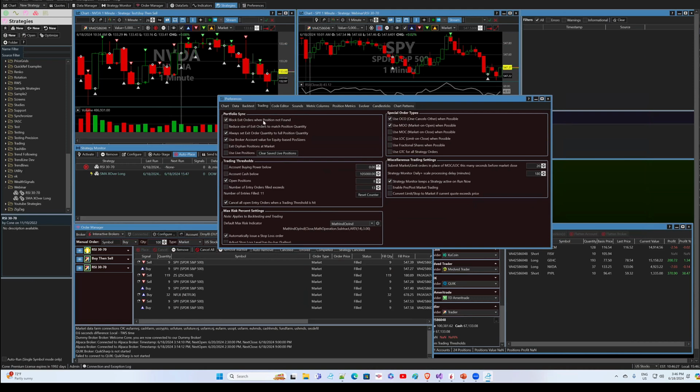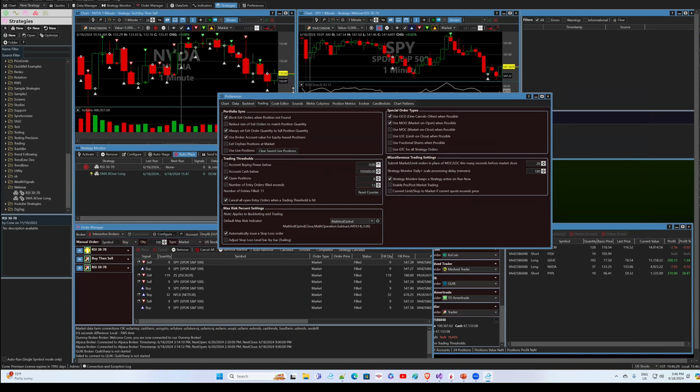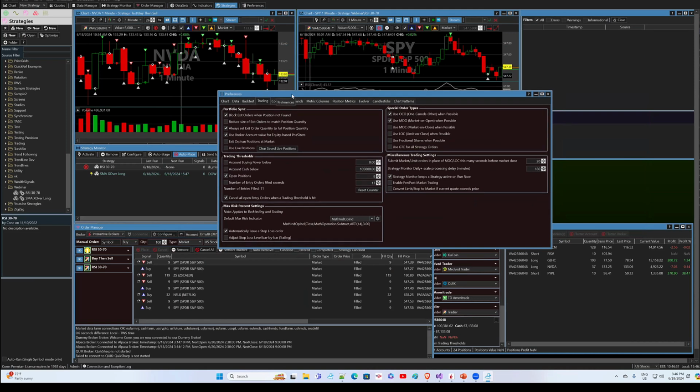These are the preferences, usually one-time setups that you would do when you're trading. Okay, sorry, I was thinking of the broker account. If you're trading a percentage of your broker equity, there's probably no reason to turn this feature off, really.